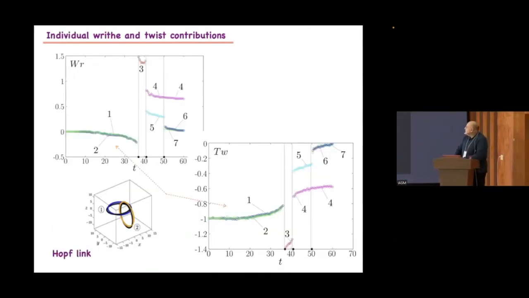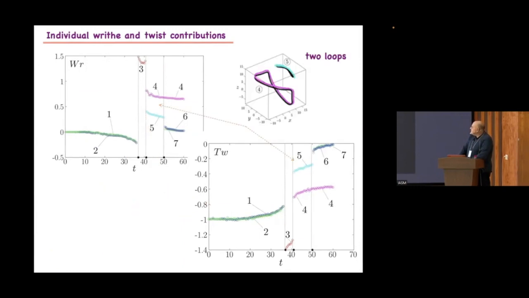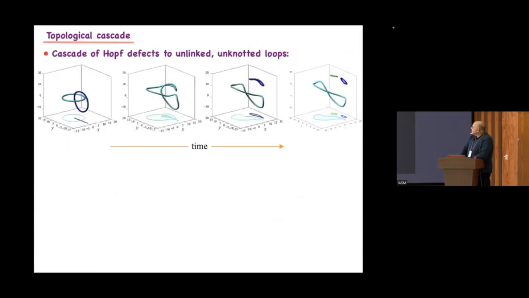You can be much finer in your analysis, showing that at each stage that is the case. So at each singular state between reconnections, you have a balance of writhe and twist plus linking number, of course. All right, so this is the state of things.